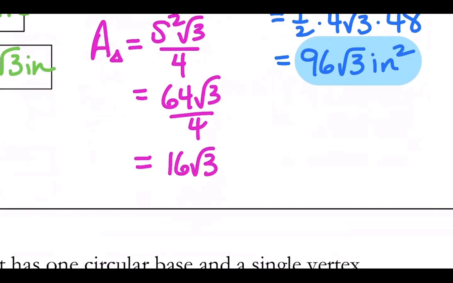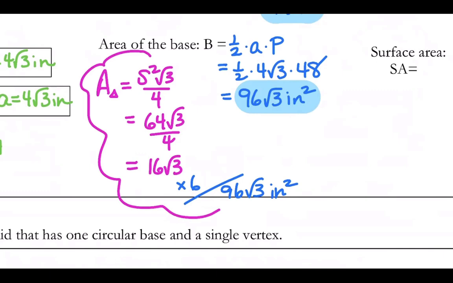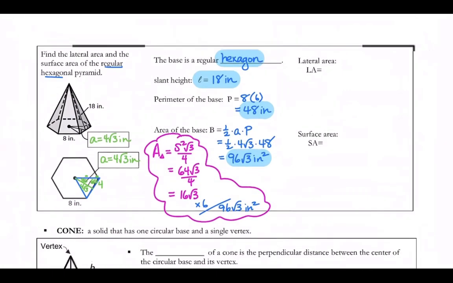And then again, we'd have to multiply by 6 to get our 96√3. Just another option. Again, that works on hexagons. All right.